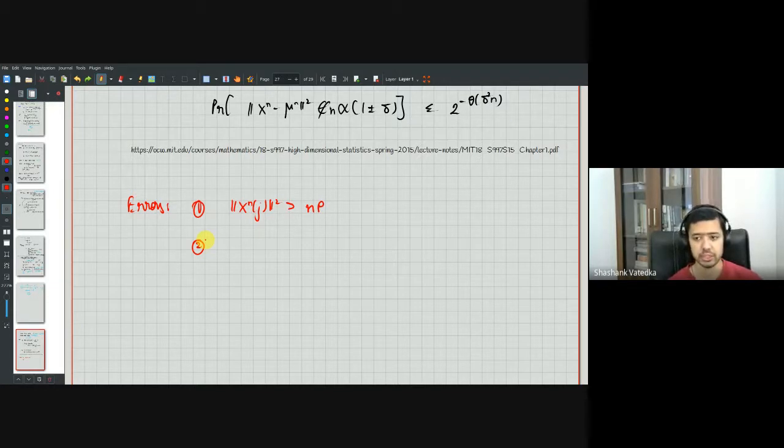But since we're generating the code words randomly, it is possible that some code words do not satisfy the power constraint. There's some small probability of that happening. Now suppose we want to transmit a message, and the code word that was generated for that particular message does not satisfy the power constraint.